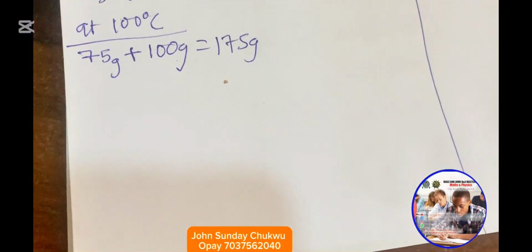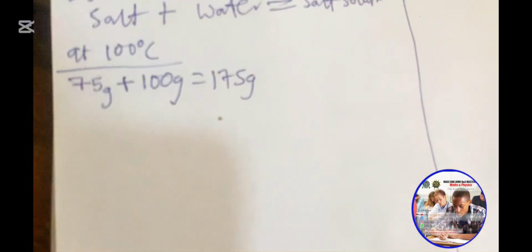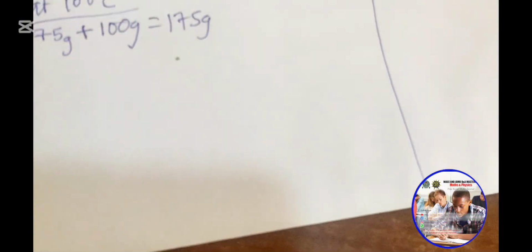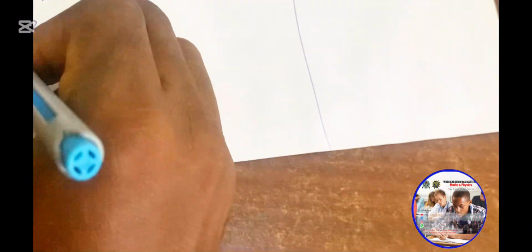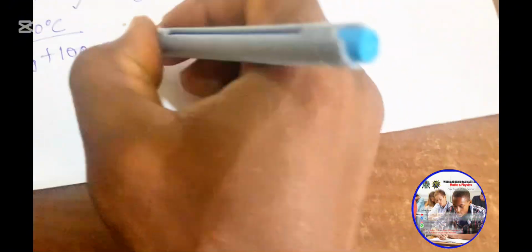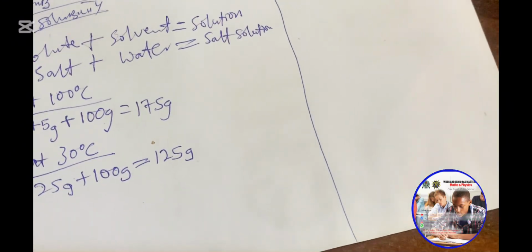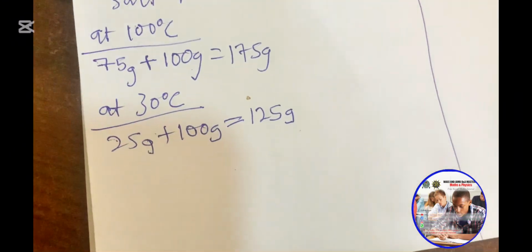Then the next statement says 25 gram of that copper sulfate in 100 gram of water at 30 degrees Celsius. So we say at 30 degrees Celsius we have 25 gram in the same 100 gram of water, to give you a total mass of 125 gram, which is at 30 degrees Celsius.